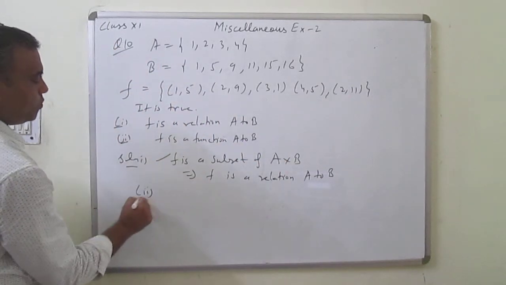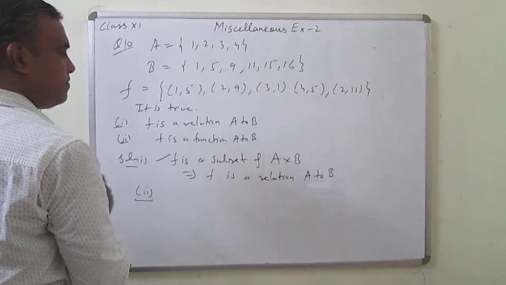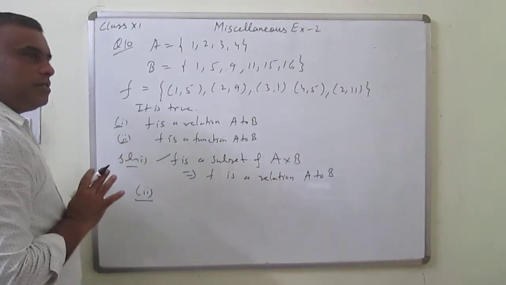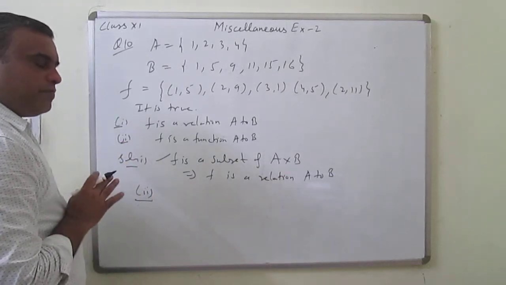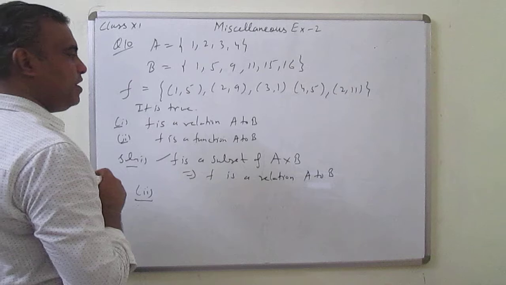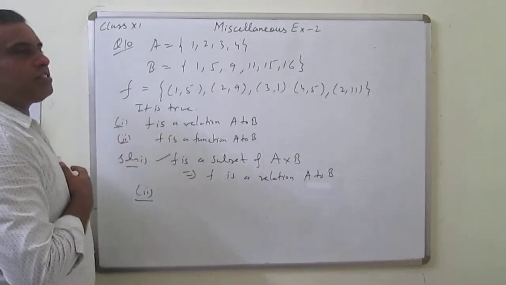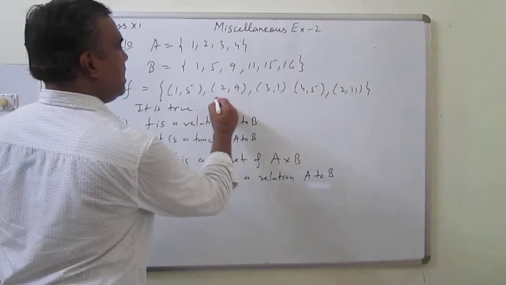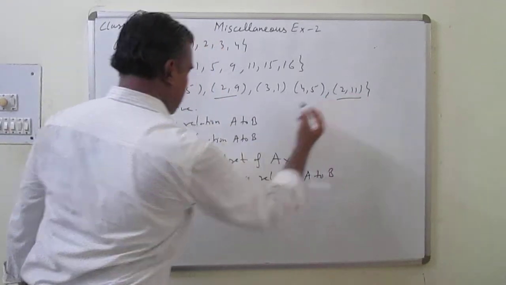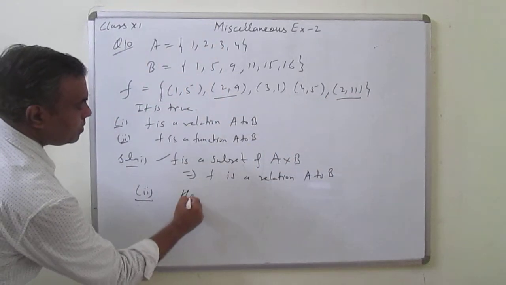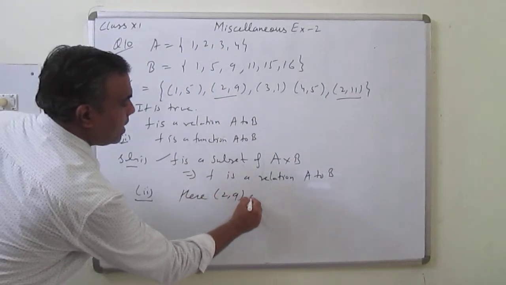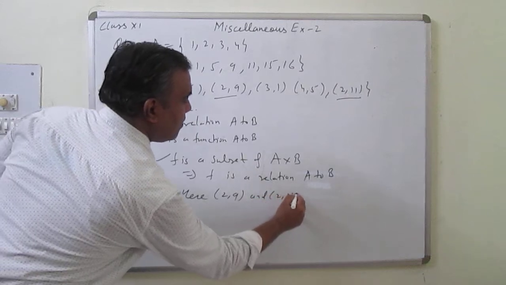Now solution 2: is F a function? A function is a special type of relation, but in a function no two ordered pairs have the same first element. Here we see (2,9) and (2,11).